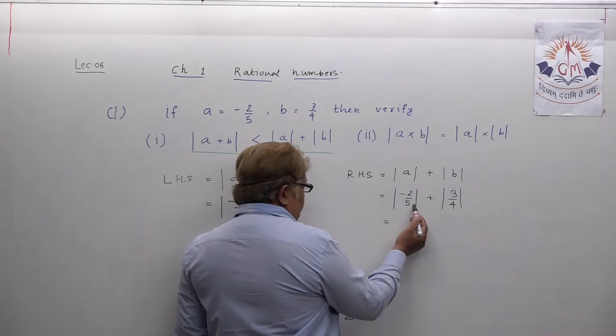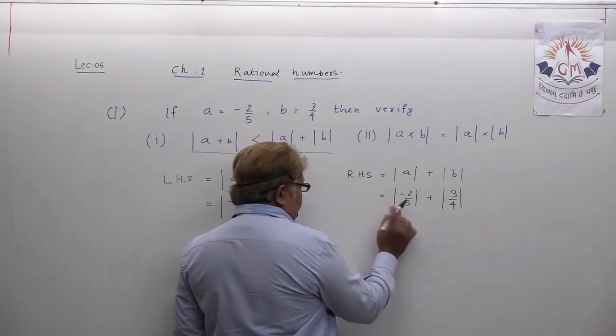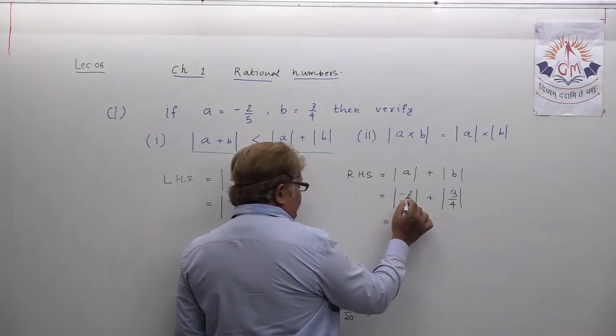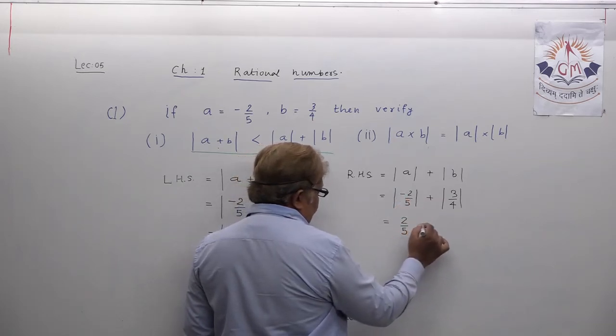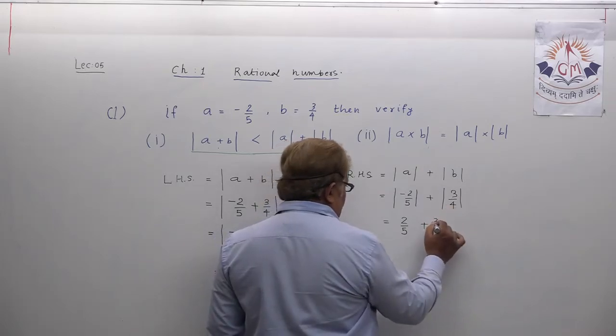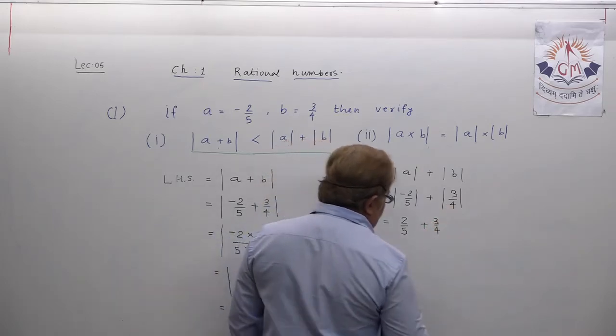Because the modulus sign prevails here, let us find the absolute value. This is 2 upon 5. This is obviously 3 upon 4.